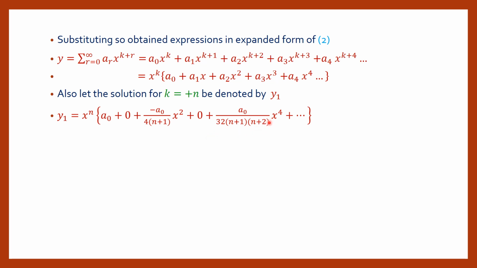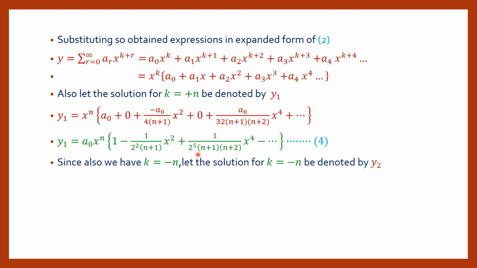Now everywhere a0 is common, take it outside, and 4 we have written as 2 square and 32 written as 2 power 5. Keep it as equation number 4. So this is what we get when we substitute k equal to n. Similarly, when k equal to minus n, we will get a similar solution. To get that solution, it is just enough to put k equal to minus n in the y1 expression.